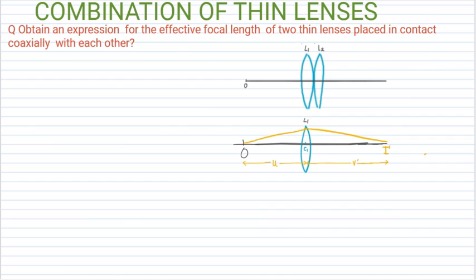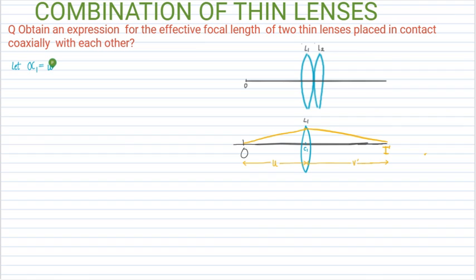So let me just write down. Let OC1 be your object distance represented by small u.